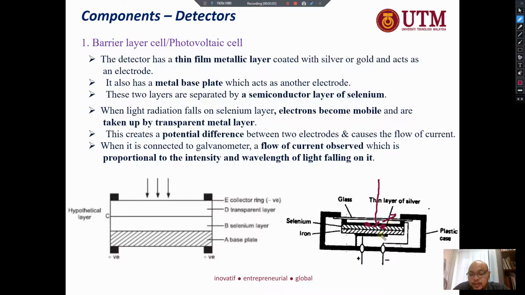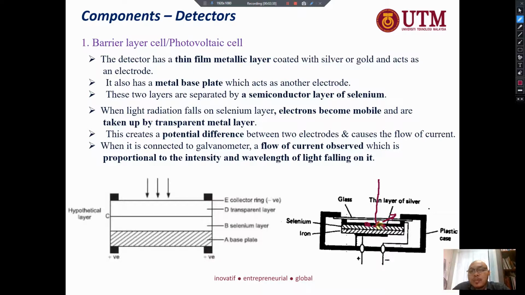When the electrons are excited and moving, they produce a current. The current is what is read by the data reader, by the computer. The flow of current observed is proportional to the intensity of light falling on it. So the more light that comes into contact with the selenium, the more mobile the electrons. That's how the detector works.